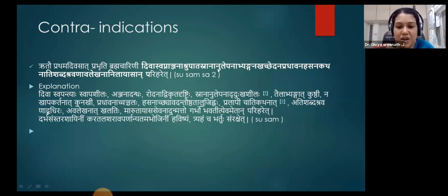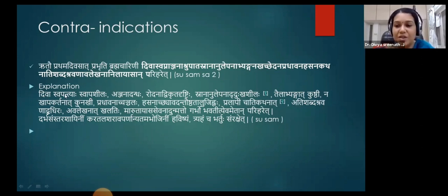Snana, I think at that time there may have been only a common pool, so maybe because of contamination it is contraindicated. And Abhyanga, all are exertion, that way it may be contraindicated.